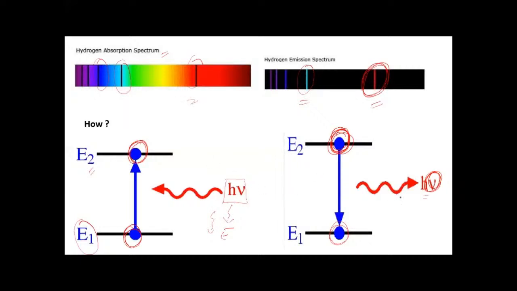When energy is emitted, the electron jumps from the excited state to the ground state. This radiation is electromagnetic radiation having a particular frequency. So a dark band appears when a wavelength or frequency is absorbed, and a color band appears when this wavelength or frequency is released, when the electron comes from the excited state to the ground state.